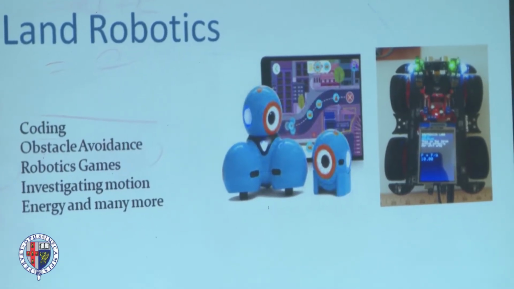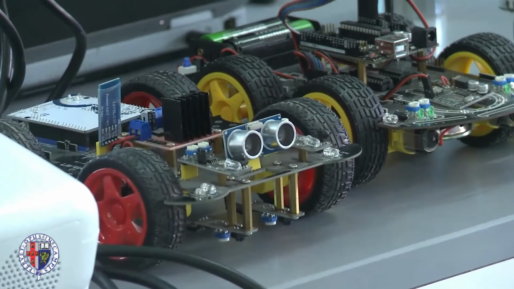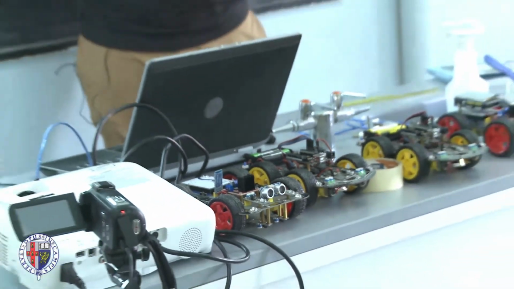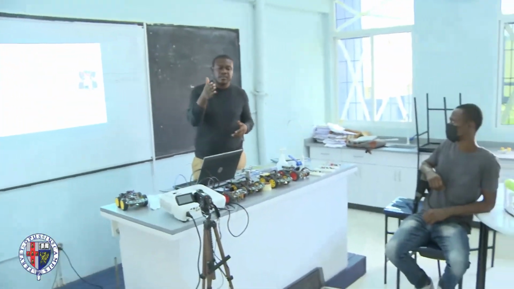This one we use for obstacle avoidance, so they'll see the coding, and also echolocation. If you turn on the robot and each time you block it, it tries to find a different path. So you can do echolocation.